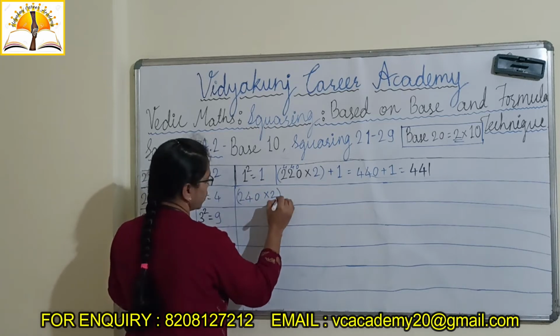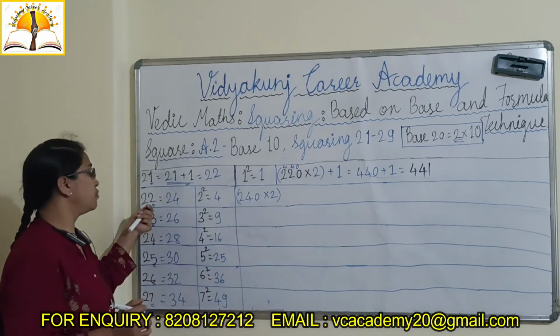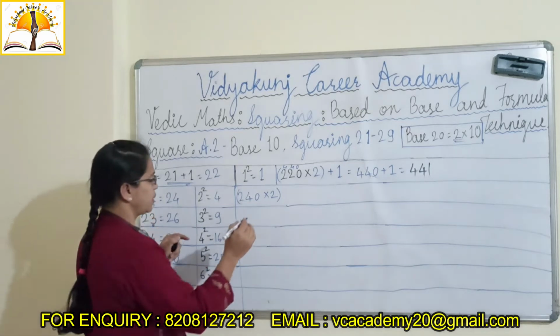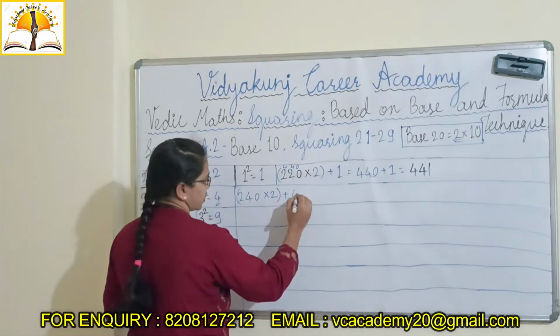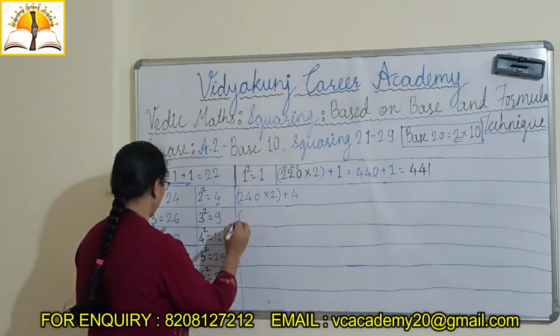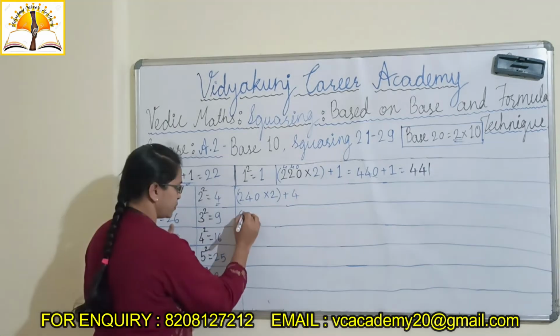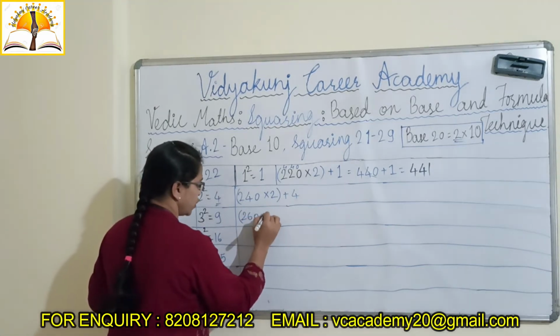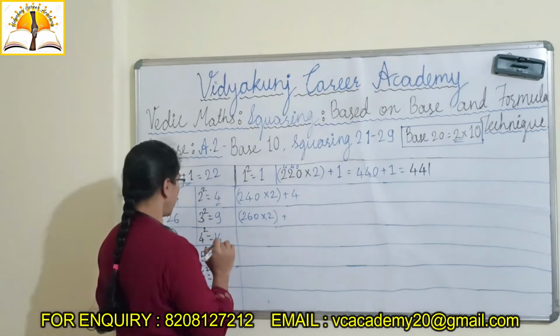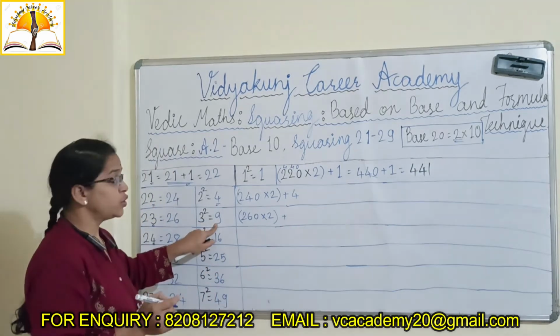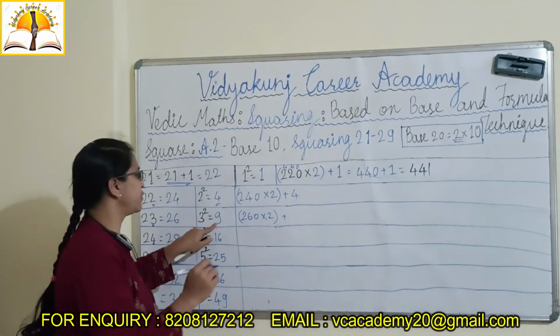Why have we written 2? Because in this number how many tens? 2 tens. Plus this square. Okay. Now here 26 0 into 2, here the unit place number is 3, so 3 square will be 9.